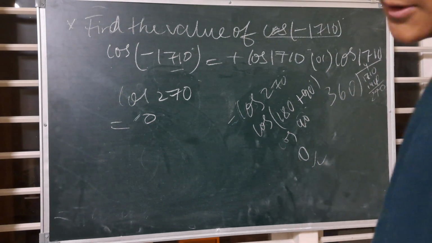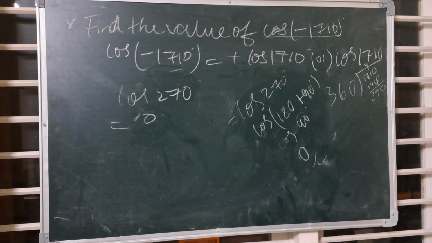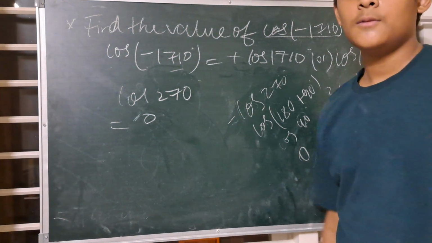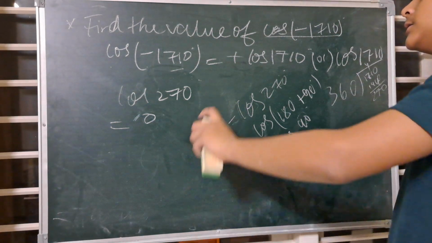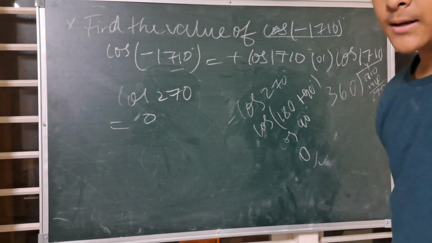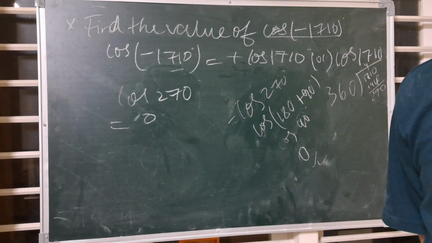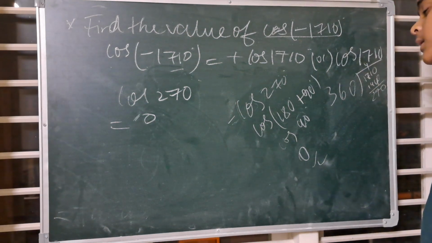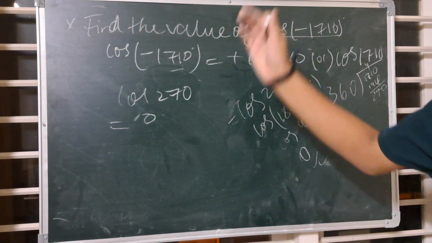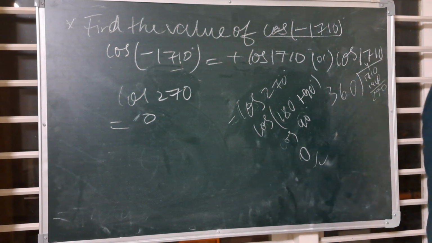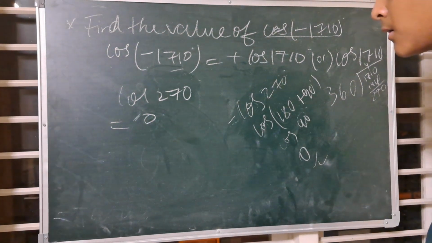This type of sums is very important in exercise 3.2, and will come either in MCQ, or as a 2 mark split question or single question, or as a 3 mark split question.